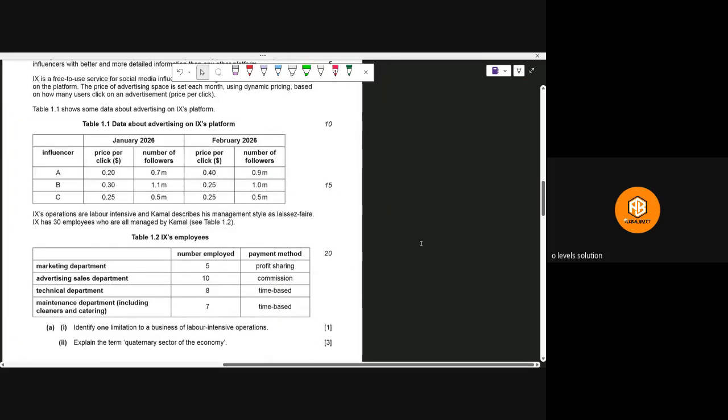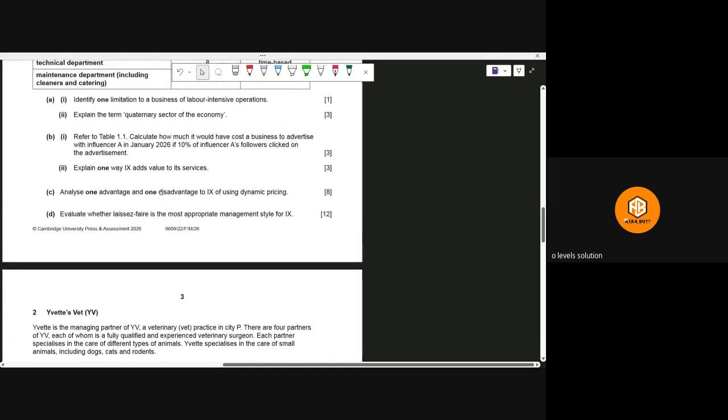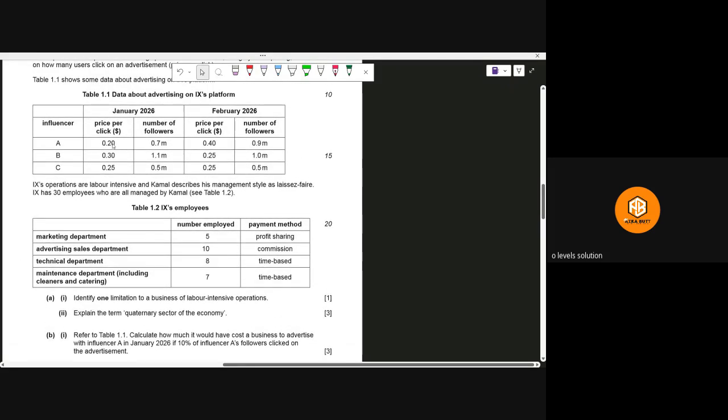So let's find out the number of clicks. They're saying 10%. They're asking about influencer A, yeah, A's followers. So if you see how many followers they have, 0.7 million. So all these 0.7 million will be clicking on the ad, and how much will it cost influencer A?